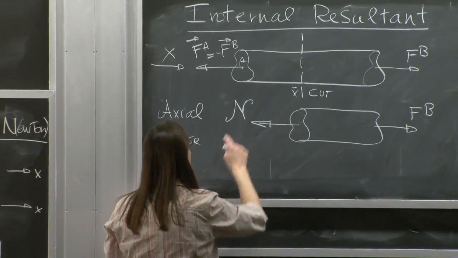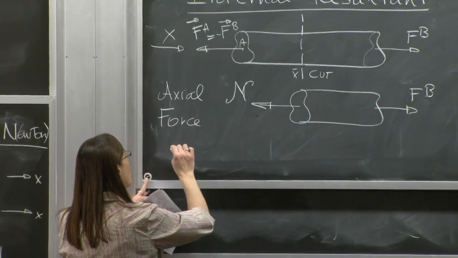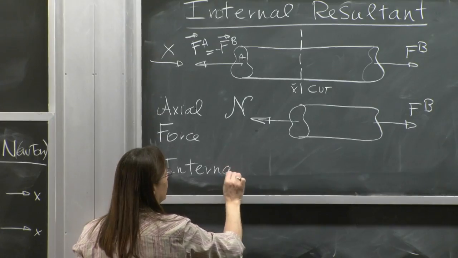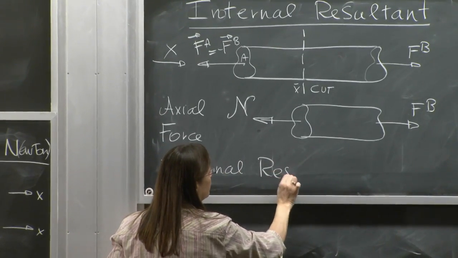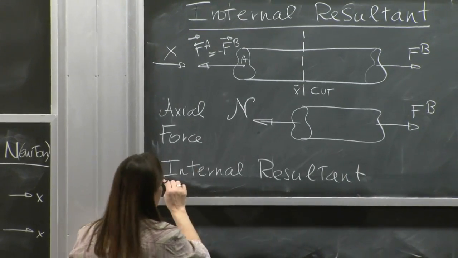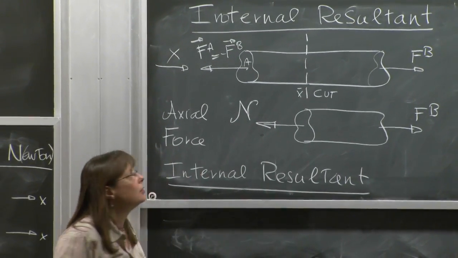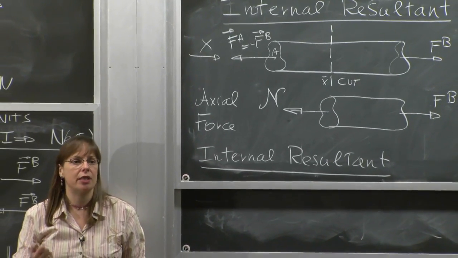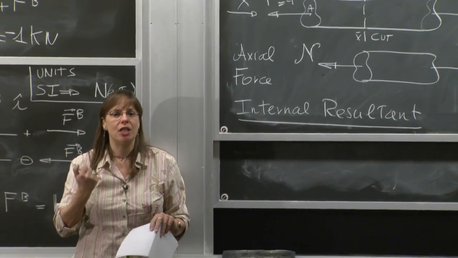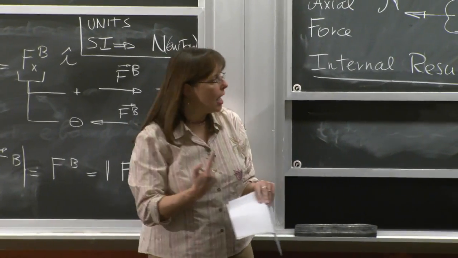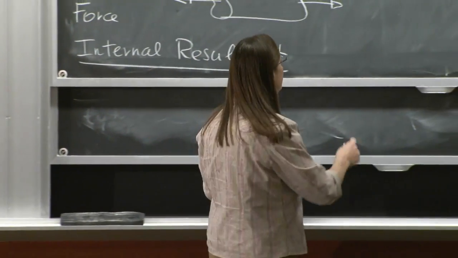And N is our first example in 201 of what we call an internal resultant. Internal resultants are very important in 201 because internal resultants measure what the structure feels inside. And they have their own convention for signs.